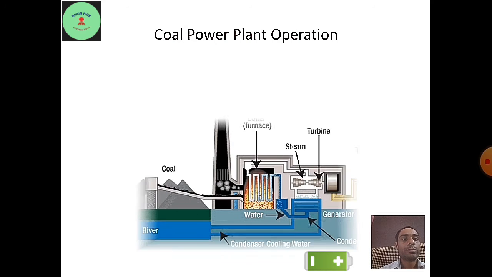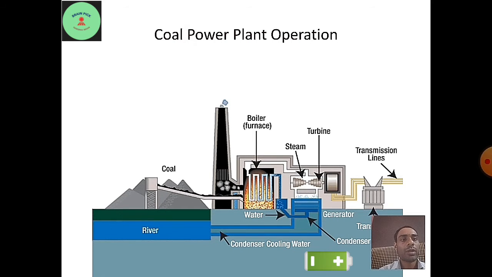So this is the layout of a coal power plant. A coal power plant is also called a steam power plant or coal fired power plant. This layout consists of various parts, but the main components are the boiler, steam turbine, alternator, and condenser. And with that, a huge amount of water is required.